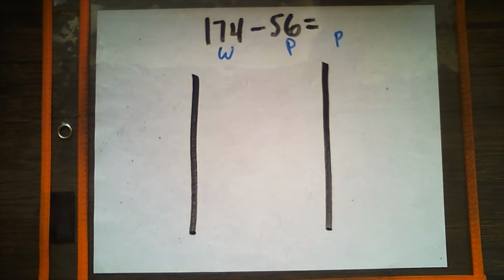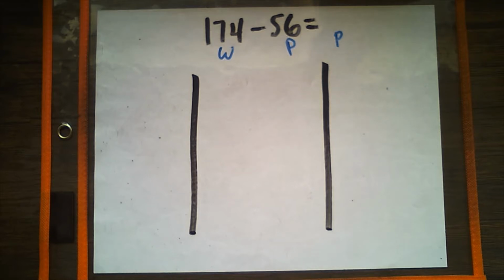What number should I show on my place value chart? Great job, 174. When we subtract and we are drawing our place value discs or our chip models on the place value chart, we always show the whole.